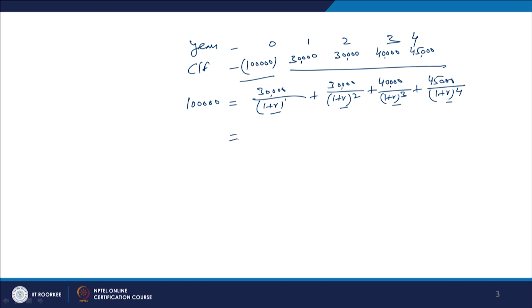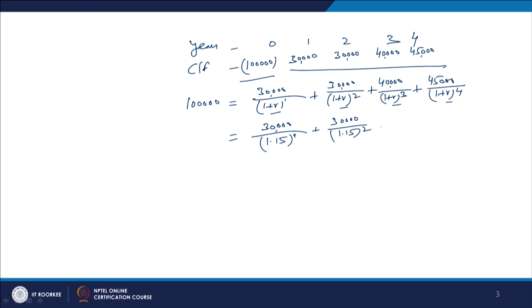If you start doing it, we assume R in this case; you can take it as 10%, 15%, 16% or anything. Let us take it as 15%. So, if you take 15%, what will you do? 30,000 divided by 1.15 power 1, and in the second case 30,000 divided by 1.15 power 2.